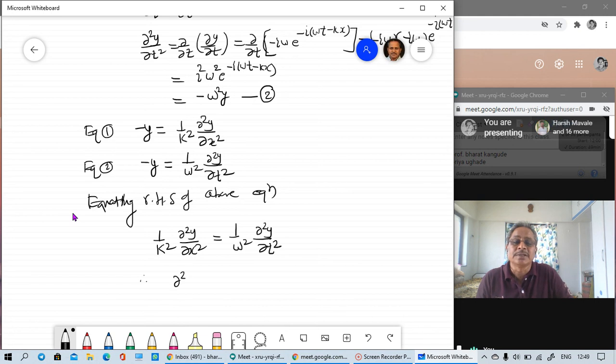Therefore I'll get ∂²y/∂x² is equal to k square upon omega square into ∂²y/∂t².